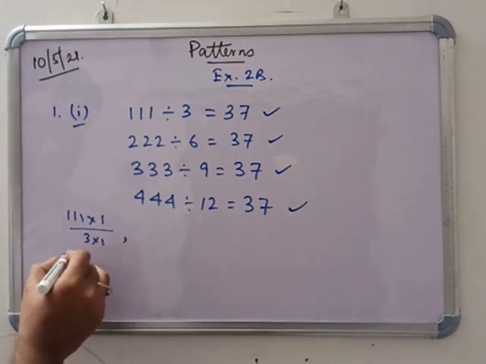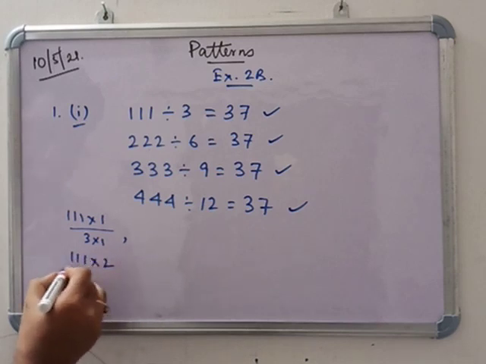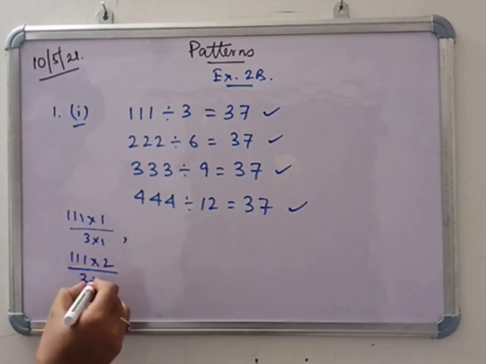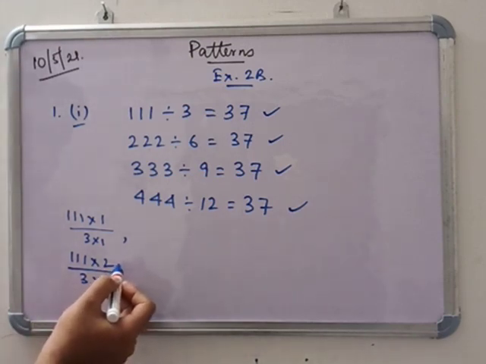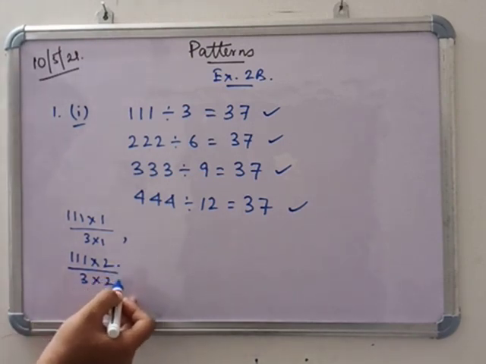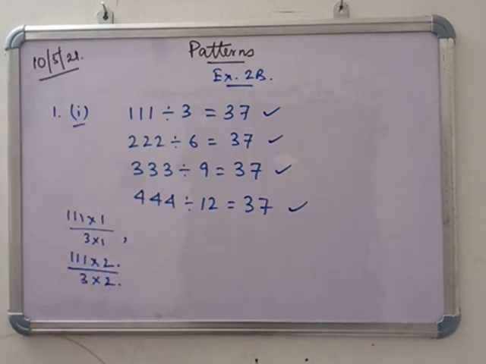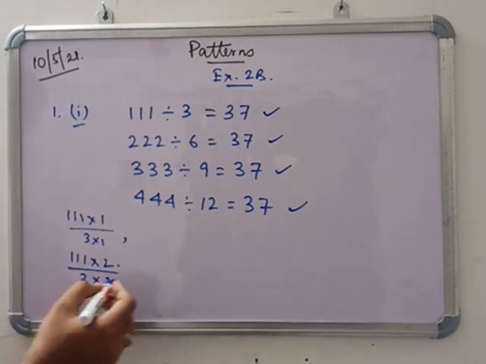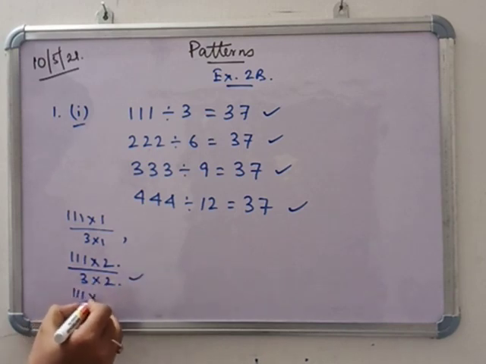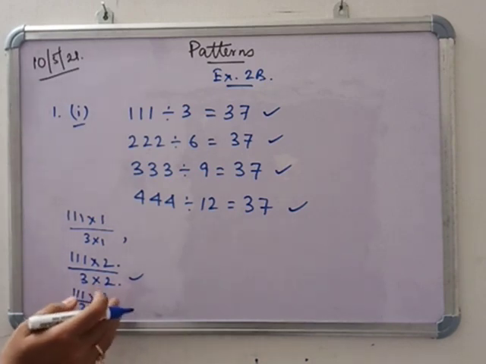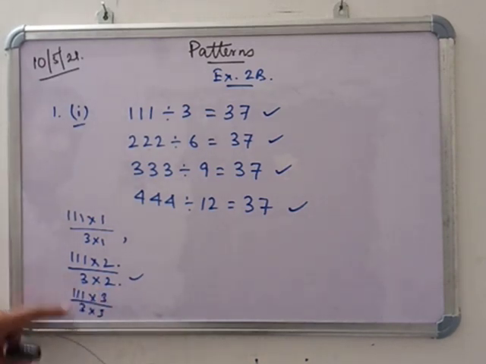Next is 111 into 2 by 3 into 2. That means this is the same, because if we multiply and divide with the same number, then the remaining is the same number. Next is 111 into 3 by 3 into 3. That means the 3 cancels, so 111 by 3, that means 37.